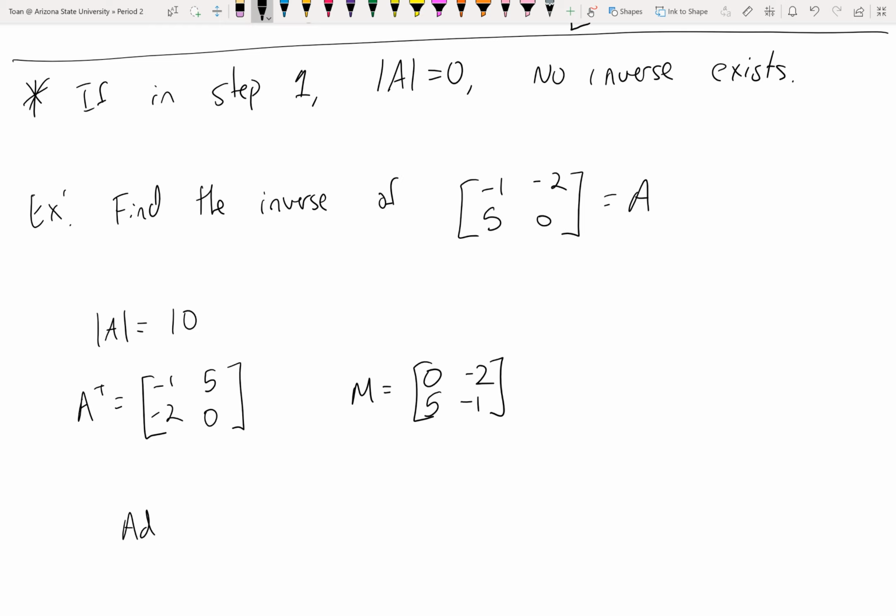Now it's time for the adjugate. The adjugate of M is just taking that M matrix and multiplying by the alternating pattern. So top left corner, I would start with the plus. So it'd be plus, minus, minus, plus. You okay with that checkerboard pattern?